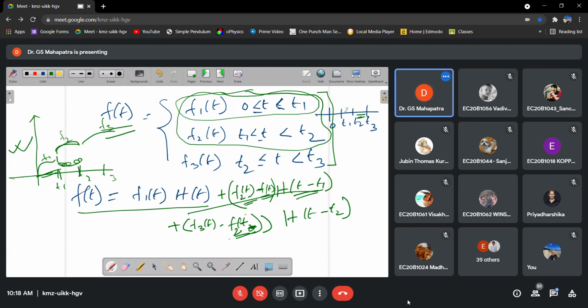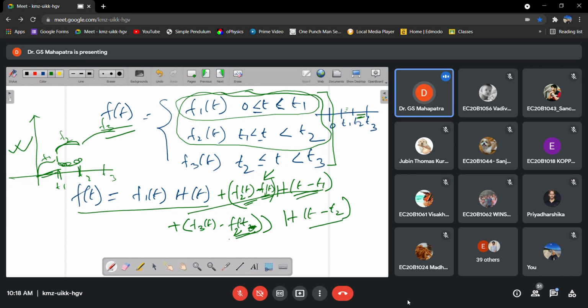Sir, the first term will exist for t greater than T1 also, no, sir? Yes, F1(t) into H of t greater than T1. That's why here it is minus. Just check, it is not f(t1), it is F1. Similar case, when t is greater than T2, F2 will also work, correct or not? I had written it wrongly, it is F2, not f(t2). So F3 minus F2 during t greater than T2.